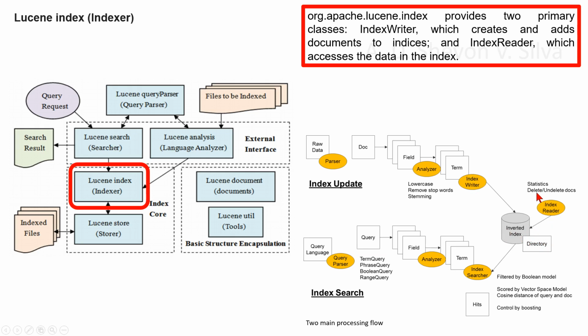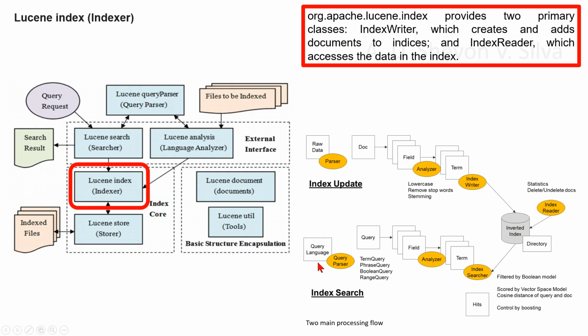Here you can see statistics, delete, undelete docs, and the inverted index is connected to the IndexSearcher. You can see the hits also, filtered by Boolean model, scored by a vector space model, cosine distance of query and doc, and controlled by boosting.